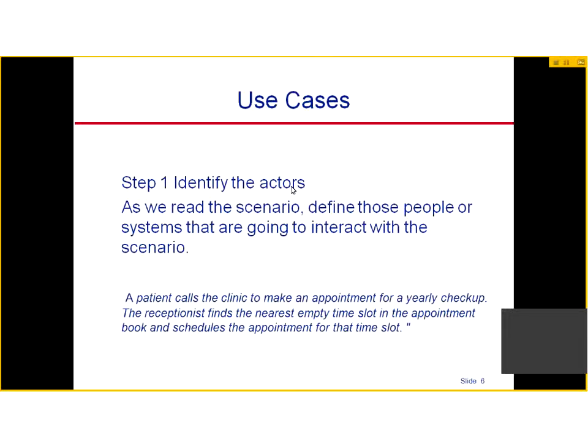Now, the first step is to identify the actors. As we read the scenario, we define those people or systems that are going to interact with it. When a patient calls the clinic to make an appointment, we have to identify the actor from this.